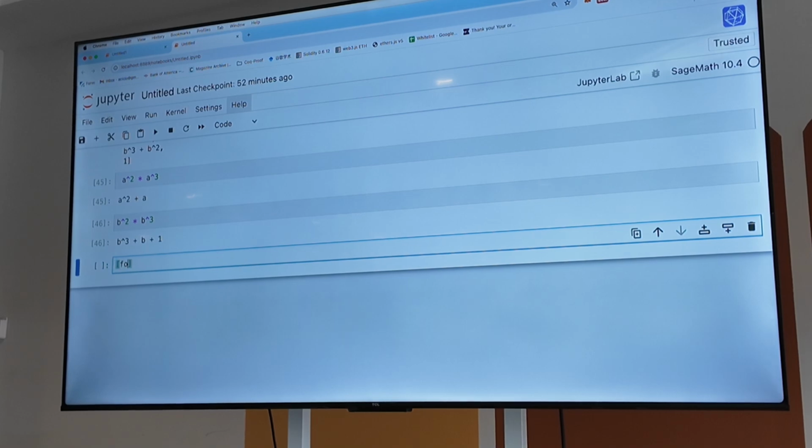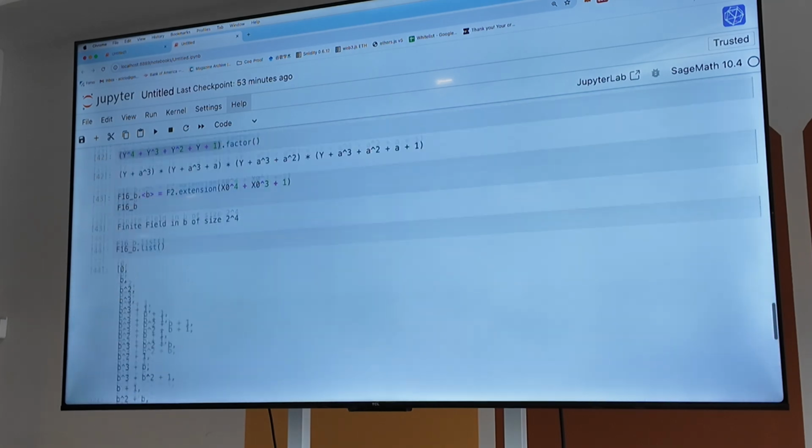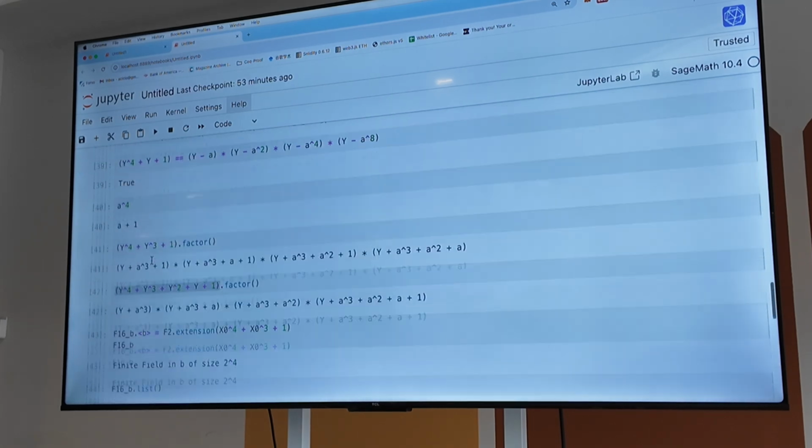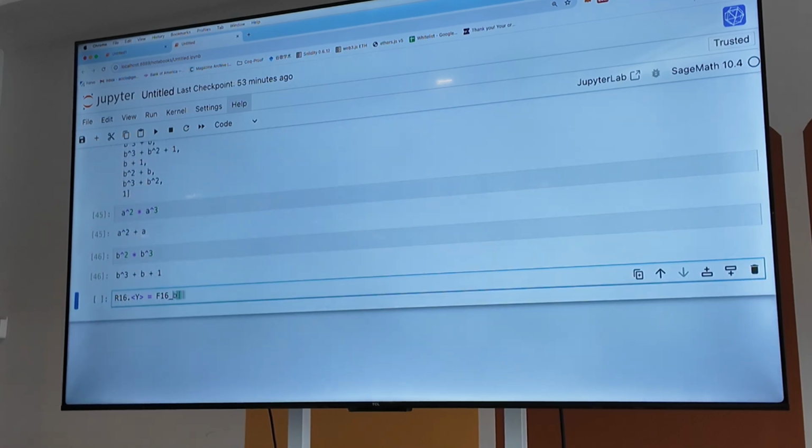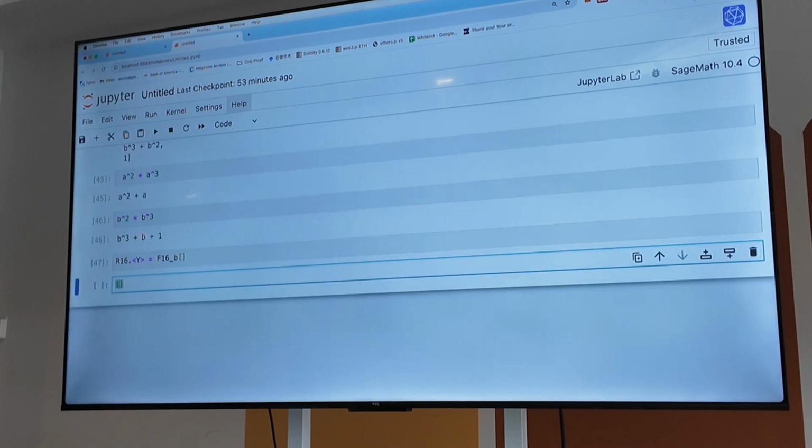Let me evaluate. Sorry, we cannot use y, I have to define another ring. y to the 4 plus y plus 1, substituting y equals t, for i in range.